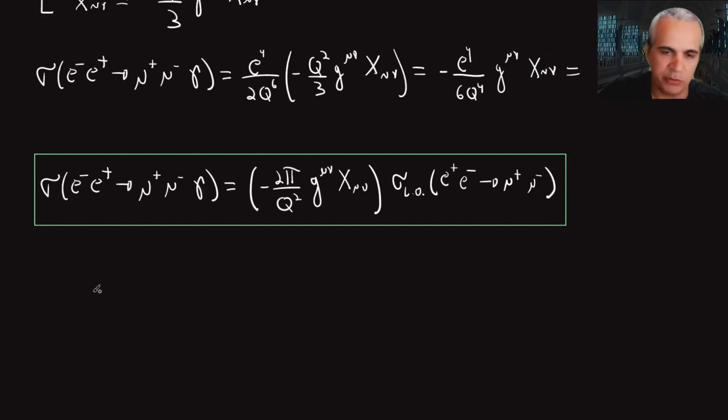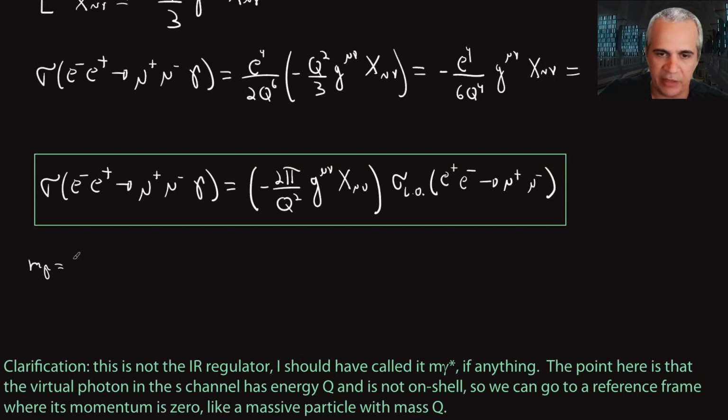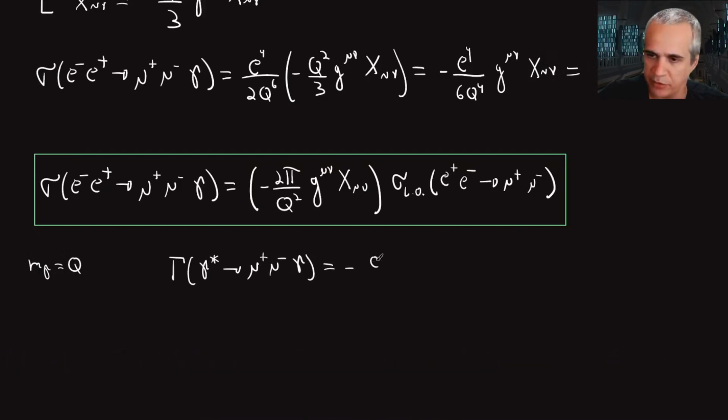Suppose we had a massive photon of mass Q, so the mass of this hypothetical photon is Q. Then the three-body decay of this guy, which I'm calling gamma star, to mu+, mu-, gamma, would be given by minus e squared over 2Q times G mu nu X mu nu.